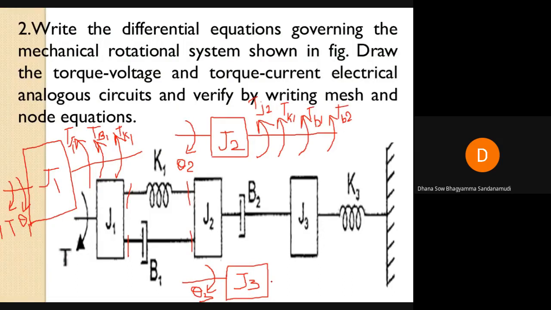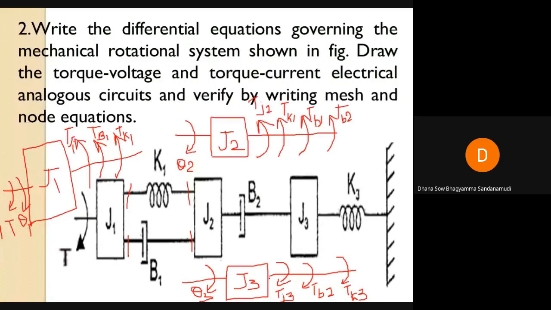The opposing torques are T J3, T B2, and T K3. This is the free body diagram at node 3.